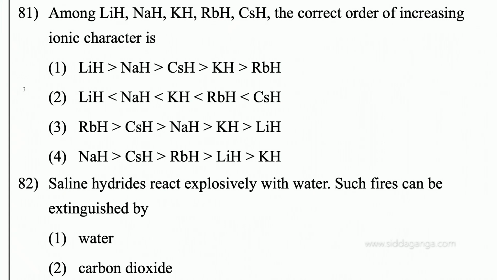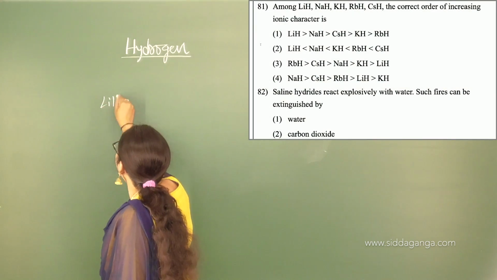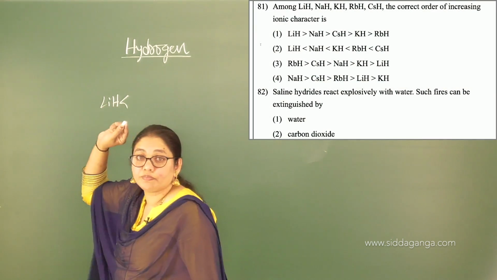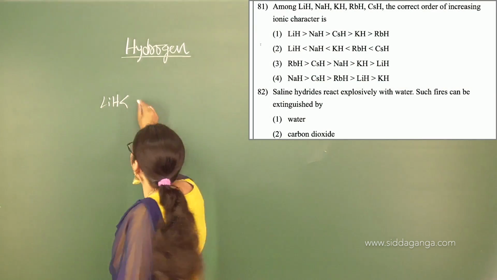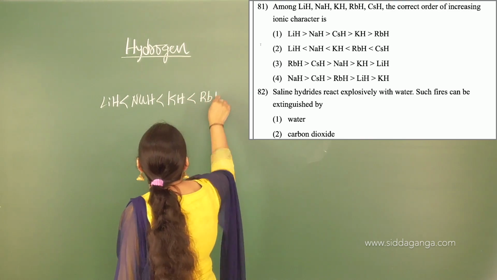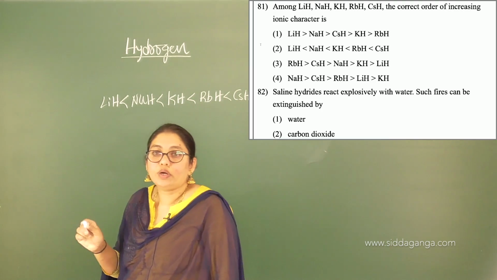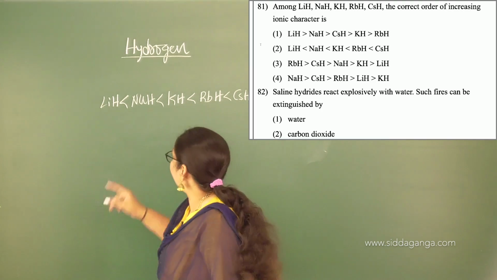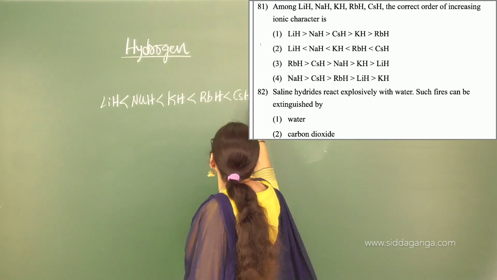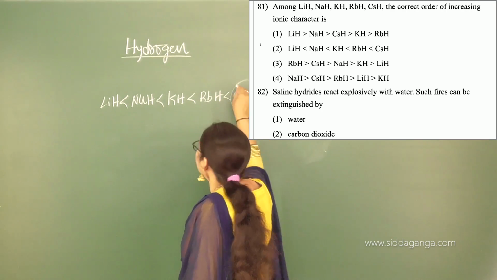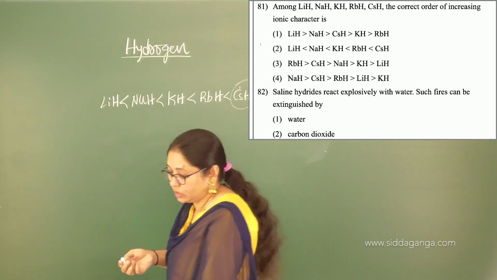So the order is the second option: lithium hydride less than sodium hydride less than potassium hydride less than rubidium hydride less than cesium hydride. This is the correct order of increasing ionic character. Increasing means from lesser to higher, and the most ionic in nature is cesium hydride. So that is the concept. Next question.